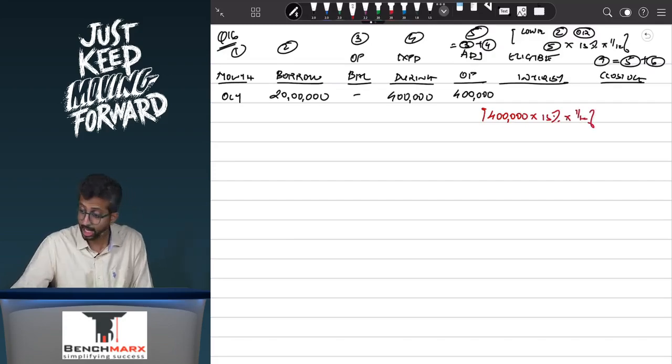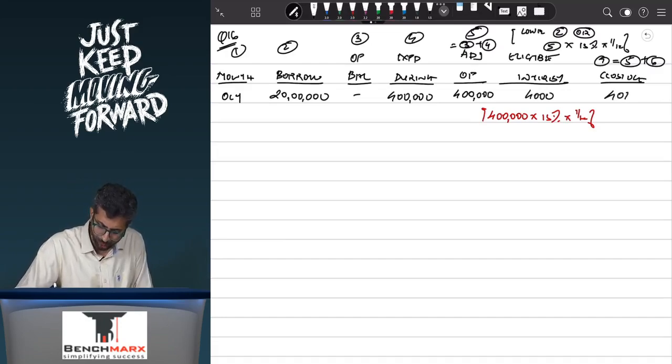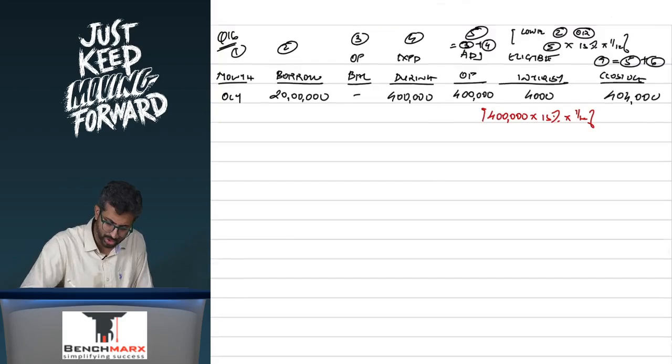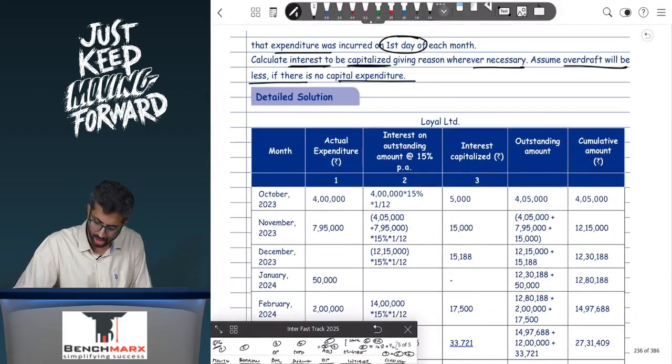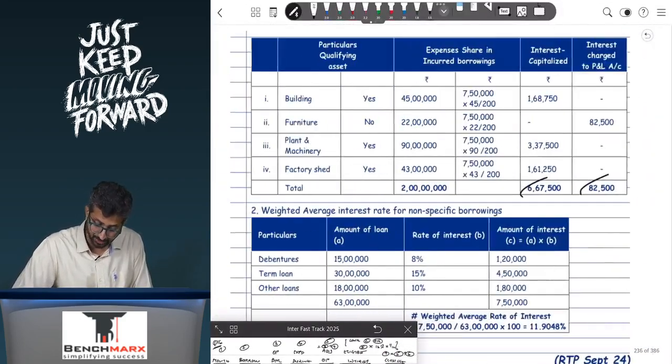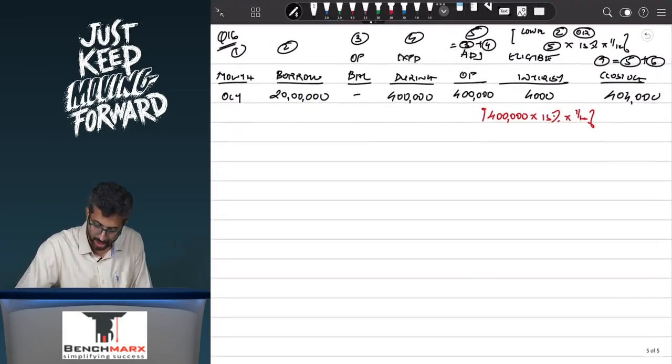This is to be debited each month. So this is 4 lakhs into 12% divided by 12, which comes to 4,000. And hence at the end you will have 4 lakh 4,000 in your 4 lakh 5. Sorry, 15% and not 12%.